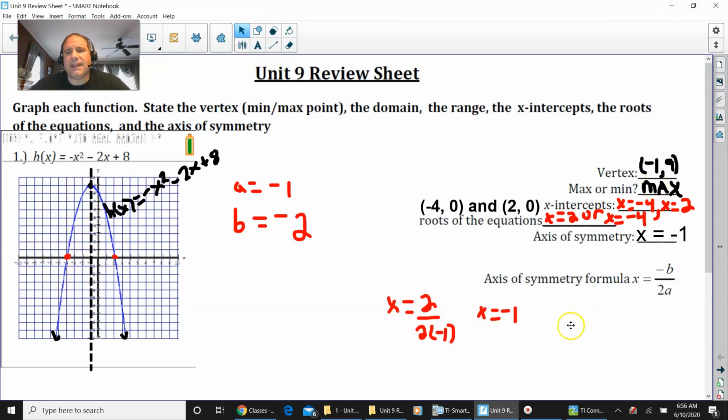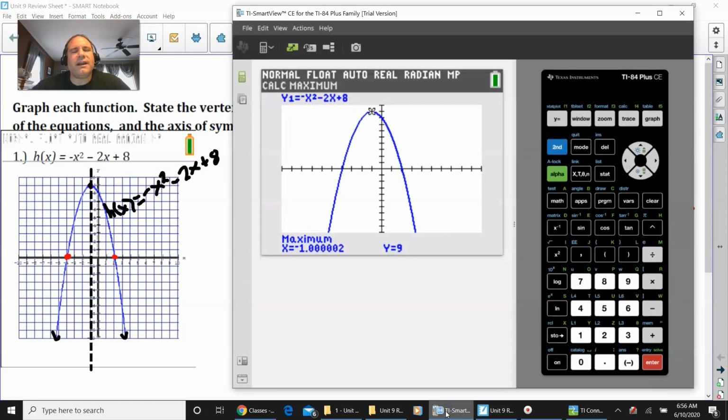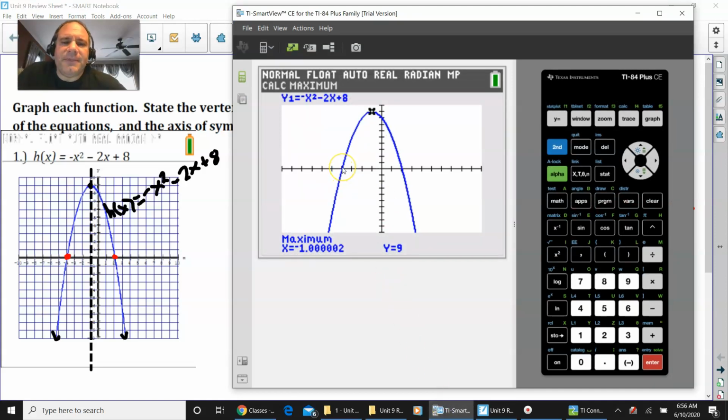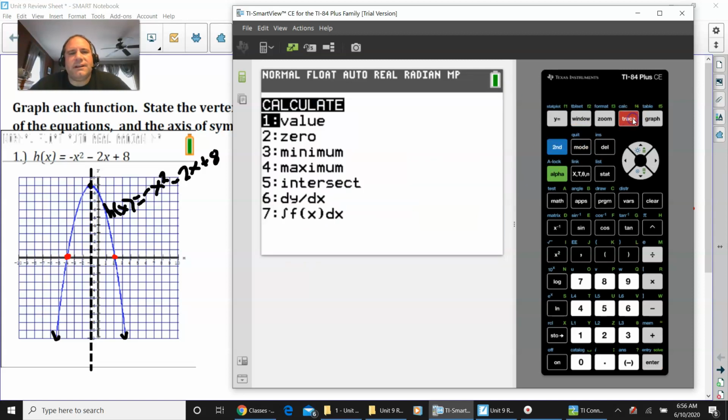X-intercepts and the roots of the equation are the same thing, but let's go over how you would get that. It does look like the x-intercepts are -4, 0 and 2, 0. It does look like that, but press second function and trace, and you will see the x-intercepts are the zeros, right? The roots are the zeros. It's the same thing.